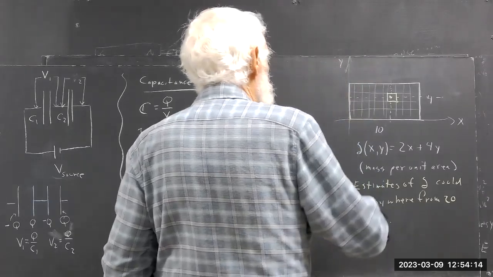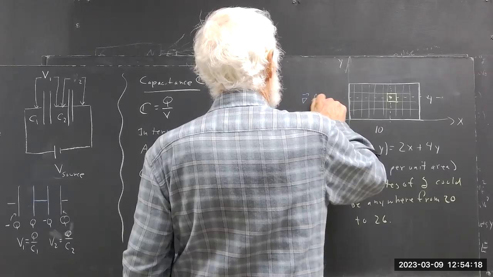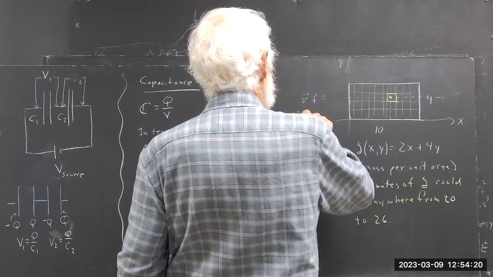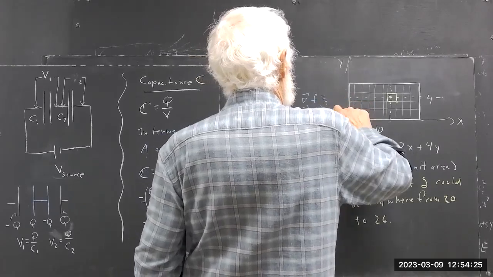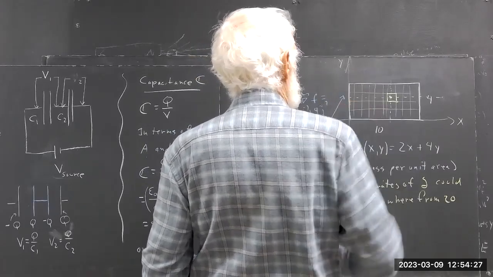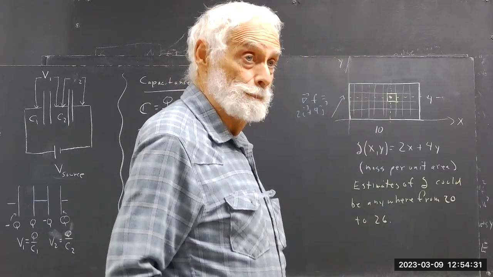But the gradient, that would be over 2 and up 4, would be about like this. That's the direction of maximum increase.